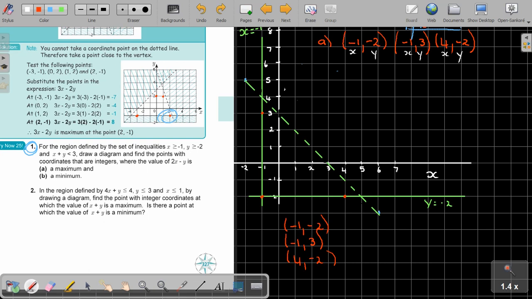And if I'm now going to take my expression, and don't forget, my expression every time is 2x minus y. So I substitute 2(-1) minus -2, and I substitute 2(-1) minus 3, and I substitute 2(4) minus -2.